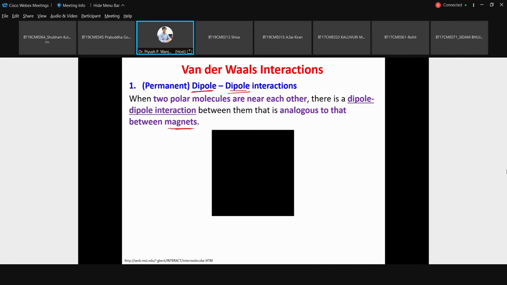Okay, but we have seen there are three variations, each having its own strength. Dipole-dipole interaction should be considered the van der Waals interaction with the highest strength, because the positive and negative parts are already well developed. There are permanent dipoles. So you can consider this kind of interaction between two water molecules.